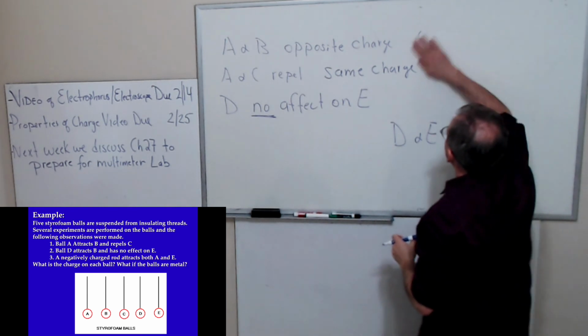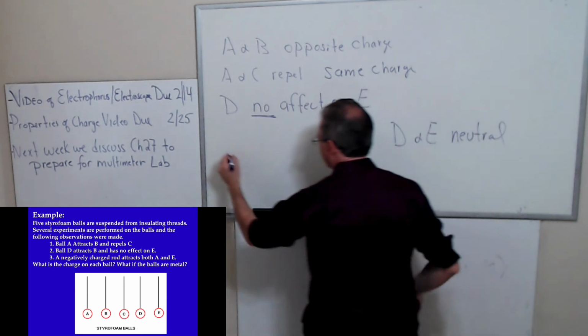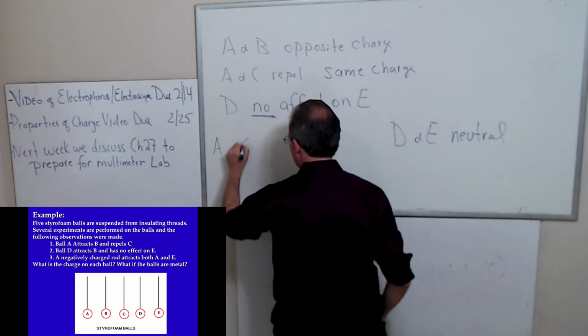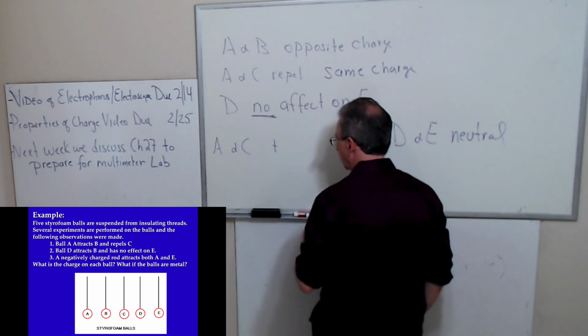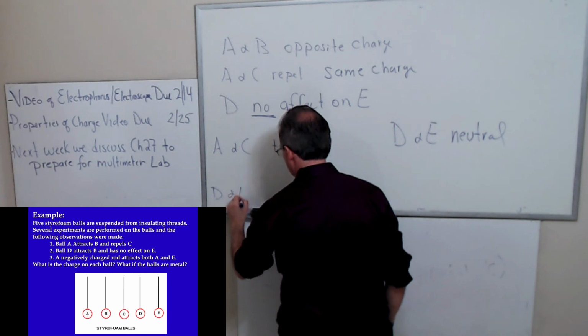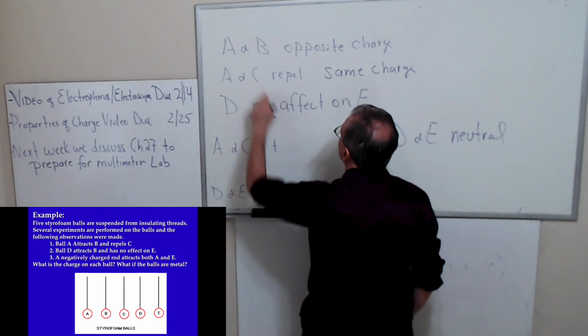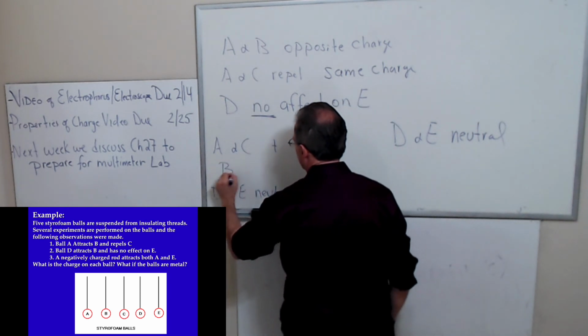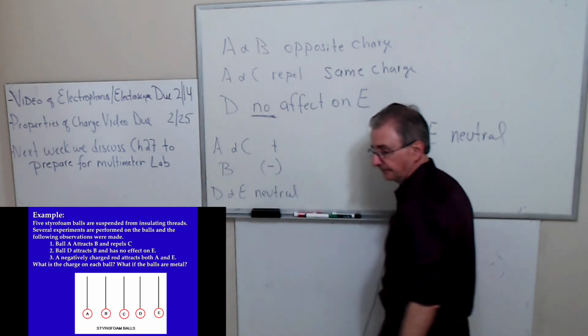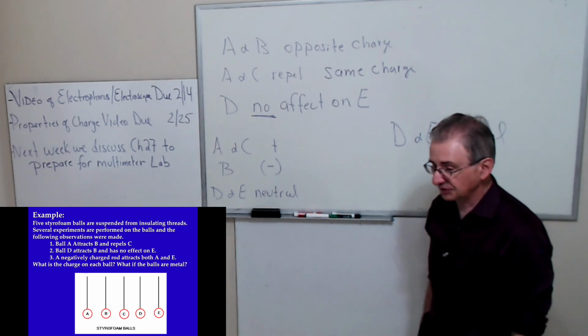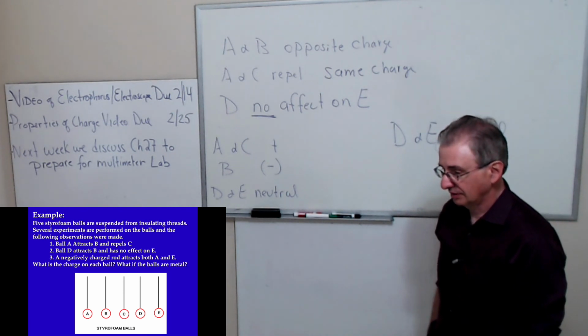I'm sorry, A is positive and C is positive. D and E neutral. If A and B are opposite, that makes B negative. So that's the answer. Are we okay with that?